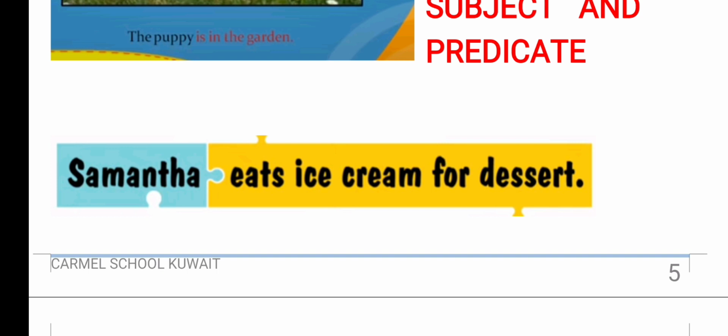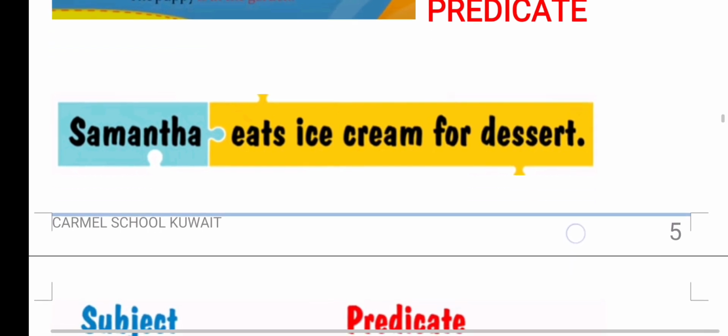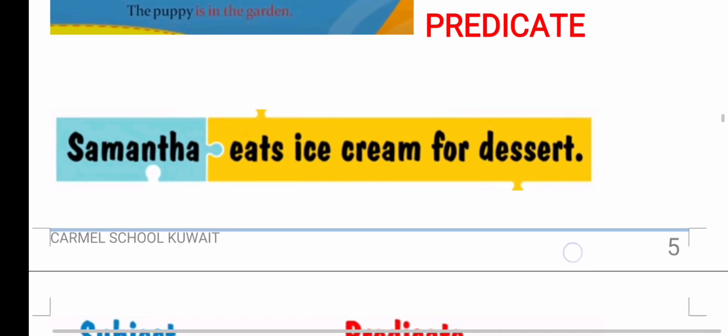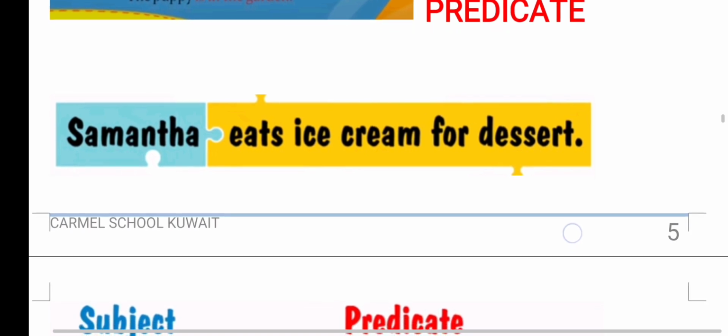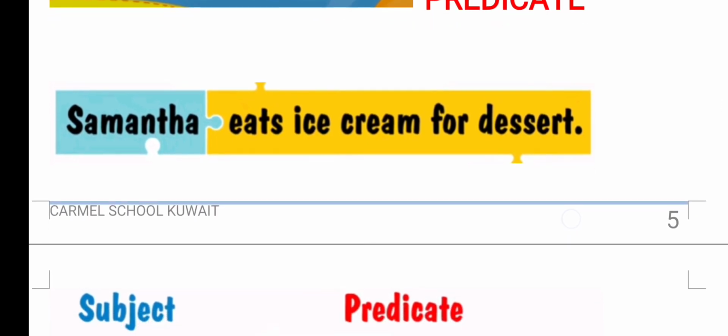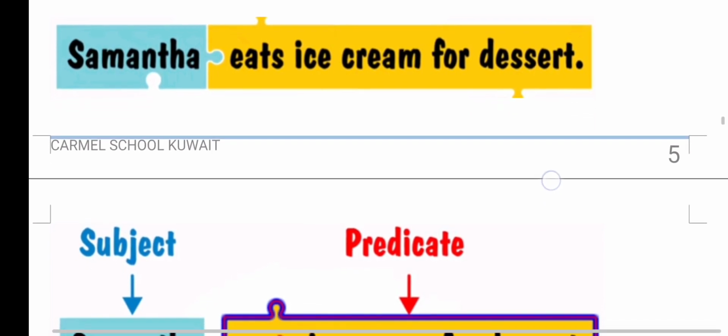Eats ice cream for dessert is a predicate. You can see in two different colors. So Samantha is a subject, eats ice cream for dessert is a predicate. Now how did I identify these two? By first checking for the verb present in the sentence. Now you can see the same thing here. So eats is the verb, and according to the verb, I have added one question, who eats?